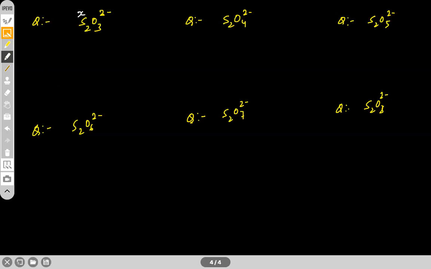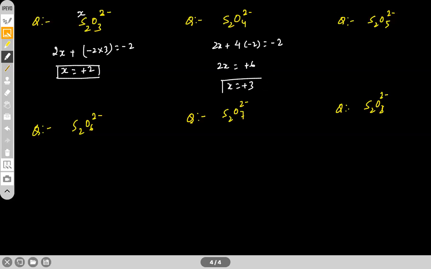X. We write 2x plus (-2) into 3 is equal to -2, so x equals +2. Then 2x plus 4 into -2 is equal to -2, so 2x equals... 2x plus 6, x equals +3. 2x plus 5 into -2 is equal to -2, x equals +4.